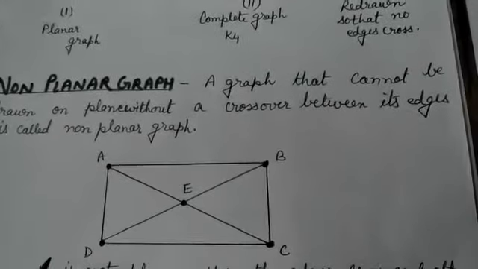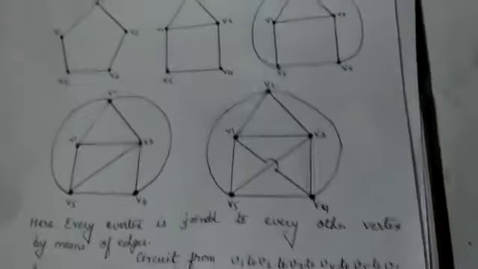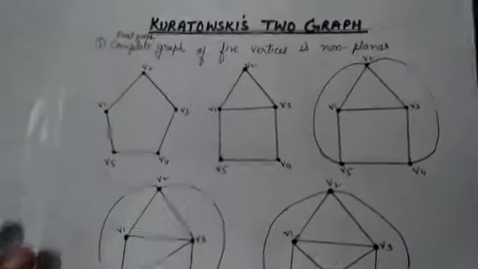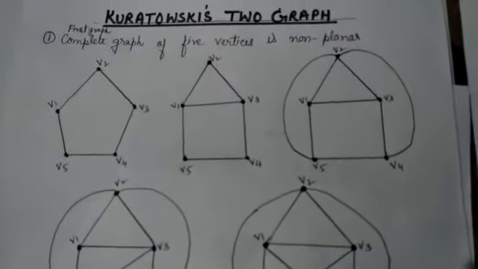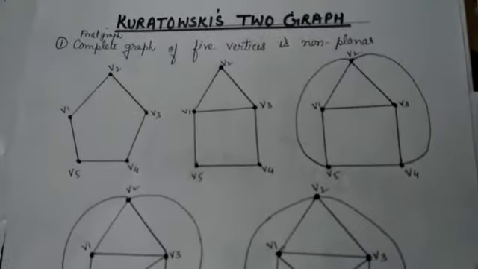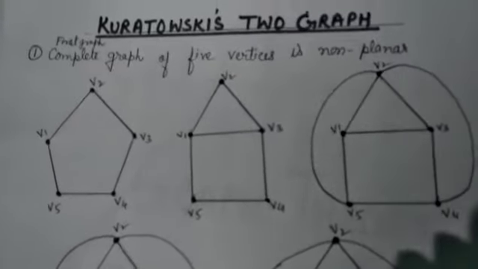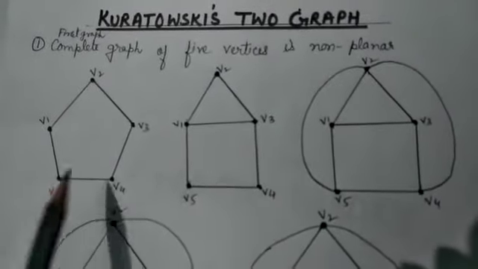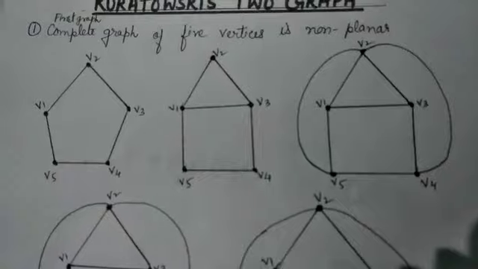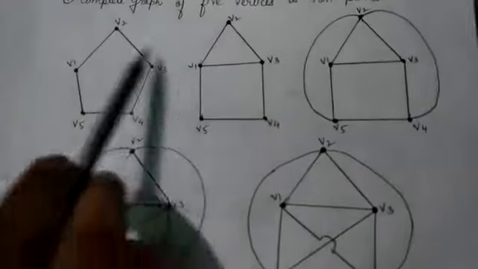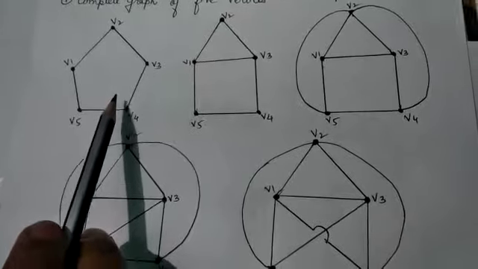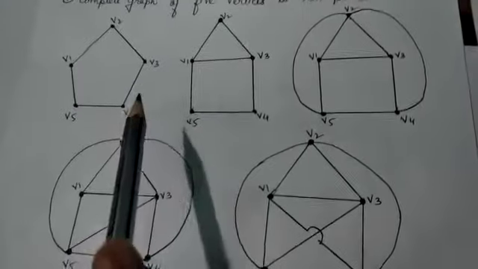Next we will see some examples of non-planar graph, that is Kuratowski's two graphs. So first graph of Kuratowski's. Here we can see that this is a complete graph of 5 vertices and it is non-planar.